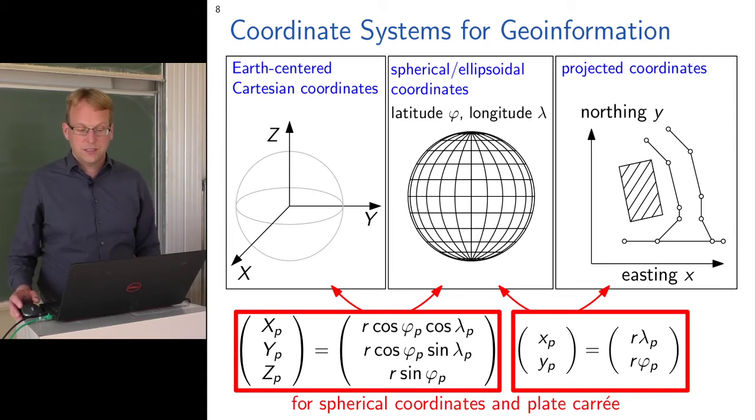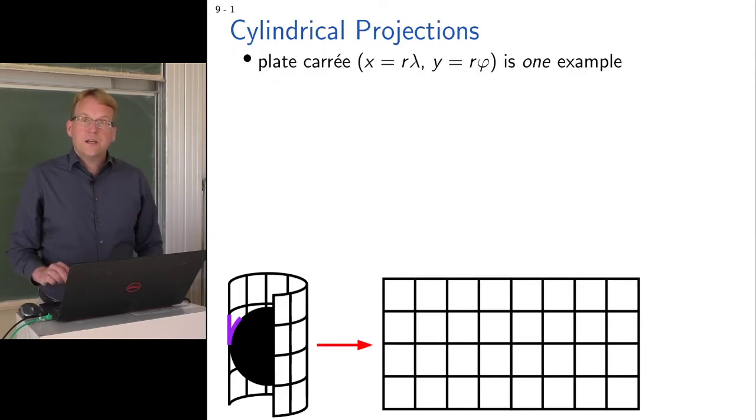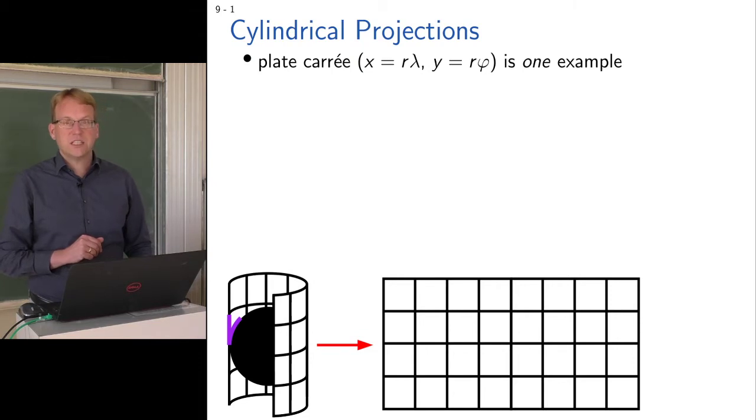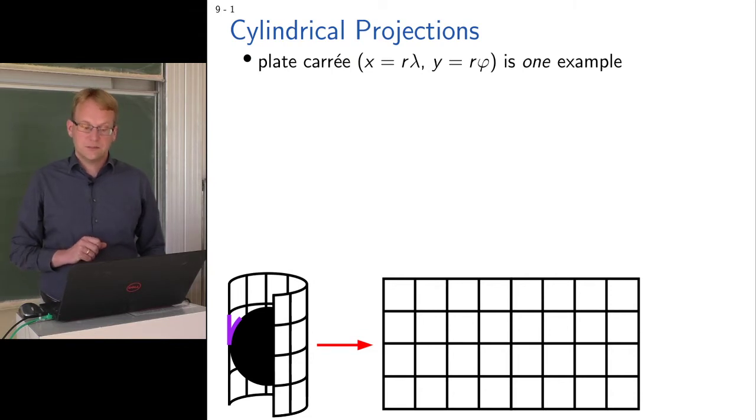That is pretty straightforward, I would say. So far about the most basic map projection, the plate carrée projection, but what I would like to present next is about the cylindrical projections.